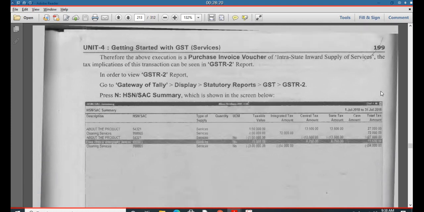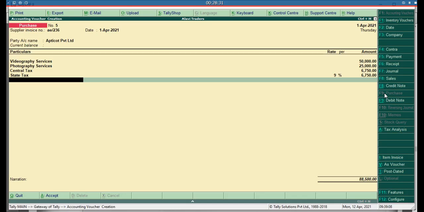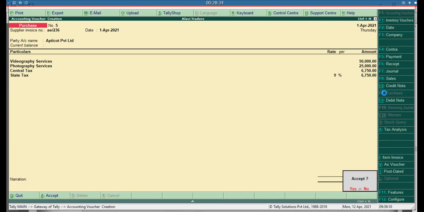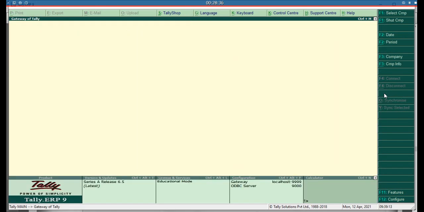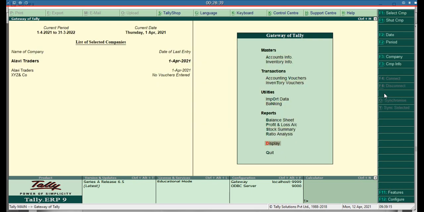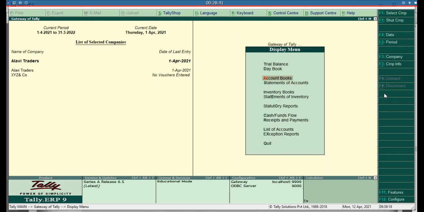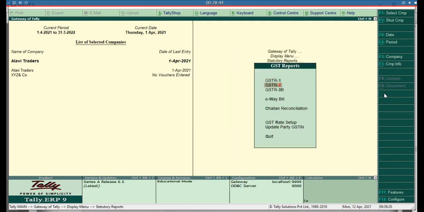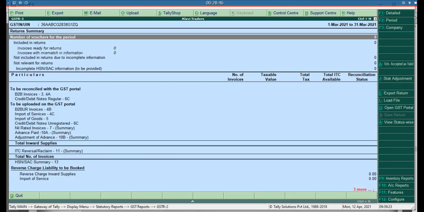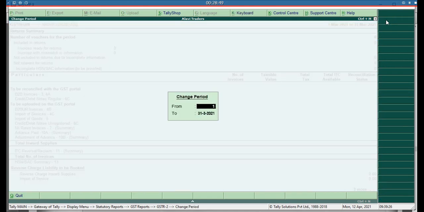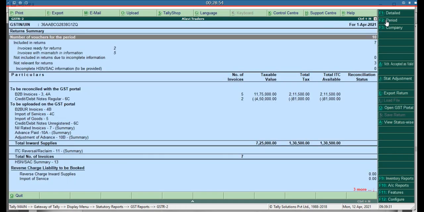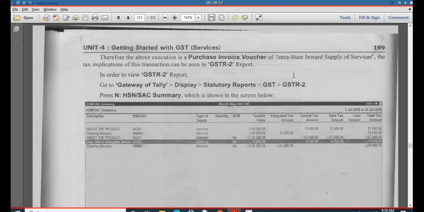So we can see the same in GSTR2. For the above executed purchase invoice in intrastate inward supply of services, the tax implication of the transaction can be seen in the GSTR2 report. So we'll go back and see under GSTR2 reports: display, statutory reports, GST, GSTR2. Change the period to 1/4/2021. Okay, here we can see that.